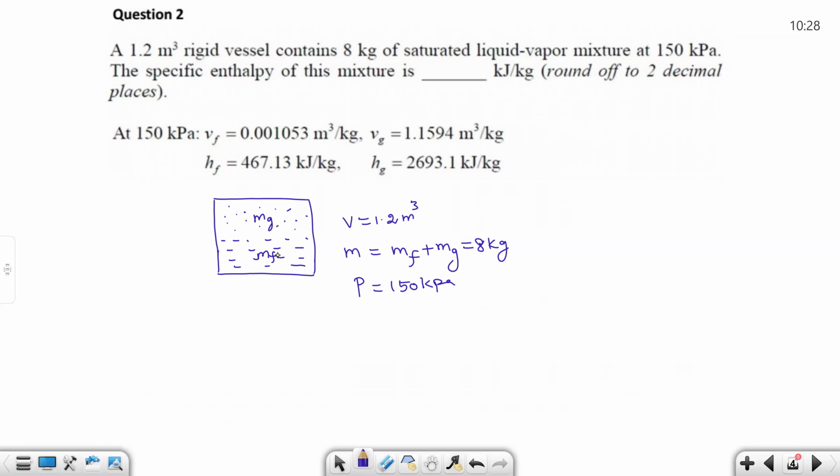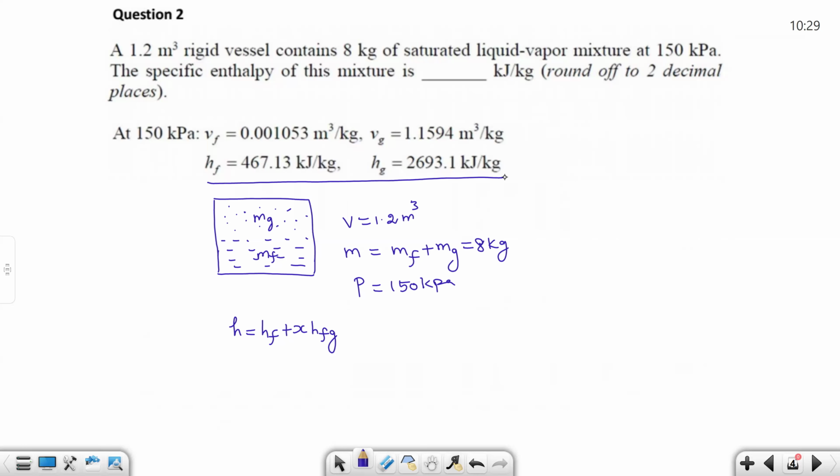So what is the specific enthalpy of this mixture? Specific enthalpy is hf plus x into hfg. hf and hg are given at a pressure of 150 kPa. We need x.